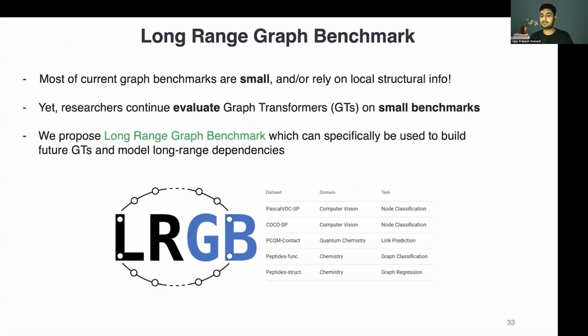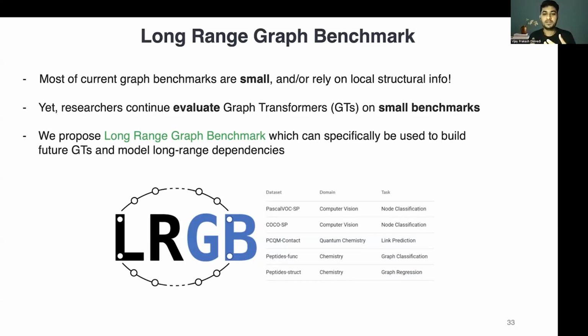And finally, just a smaller benchmark contribution here: many of the graph benchmarks are small and may not be useful to design graph transformers, because if we have molecular tasks which are very small, having graph transformers with powerful positional and structure encoding may be an overkill, and we may not be able to fully realize the impact of graph transformers on this kind of small benchmarks.